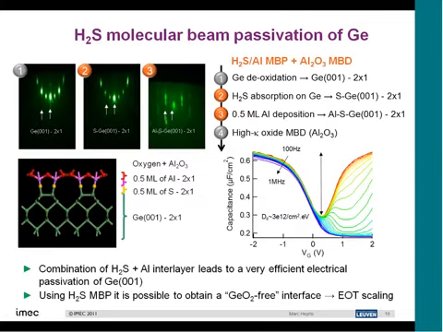For example, this is a result of H2S molecular beam passivation combined with aluminum oxide deposited in our 200mm MBE cluster tool, showing that if you do this in the right way, you can get very nice CV curves and very low DIT levels. But doing things in an MBE tool in a production environment is not really that practical.